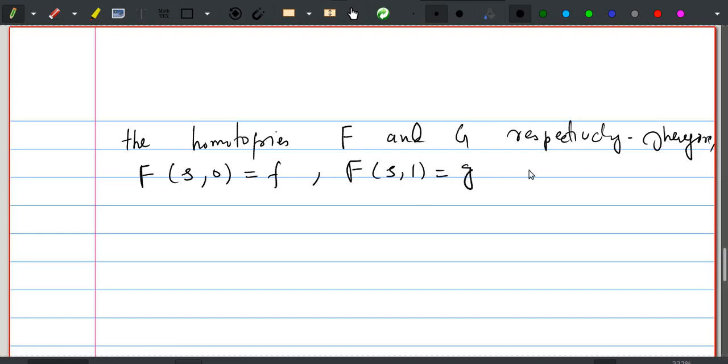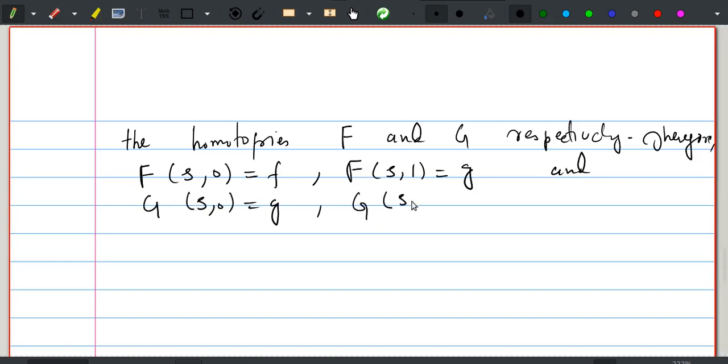Similarly, G restricted on 0, we get g, and G restricted on 1, we get h. We have to exhibit another homotopy which will prove that f is homotopic to h.